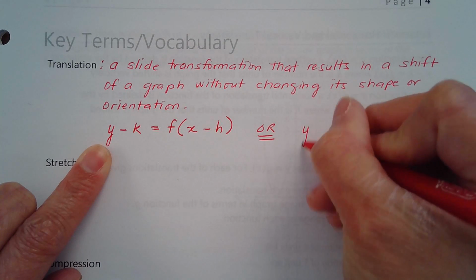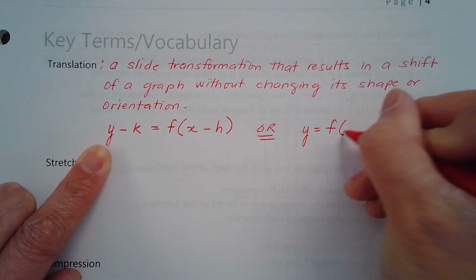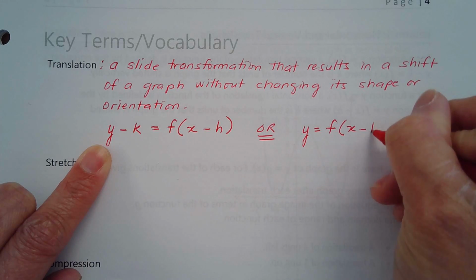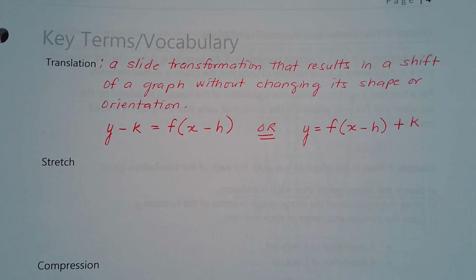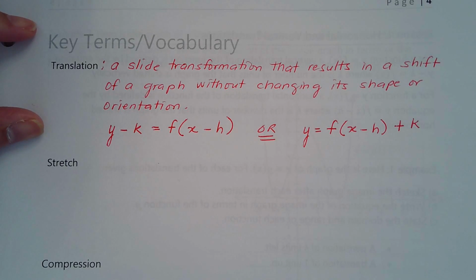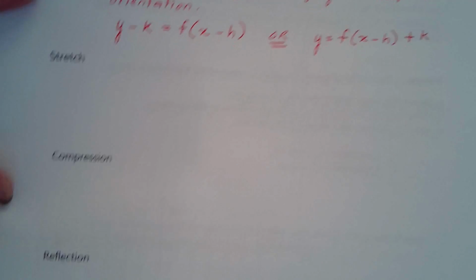It's gonna be y equals the function x minus h plus k. Okay. I'm gonna stop there for a second, and then I'm actually gonna go all the way to the bottom.